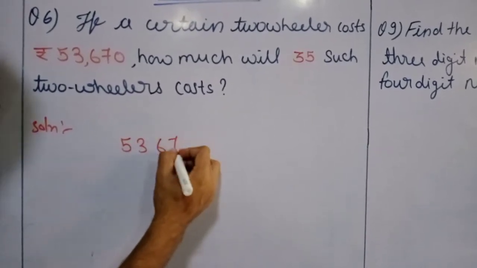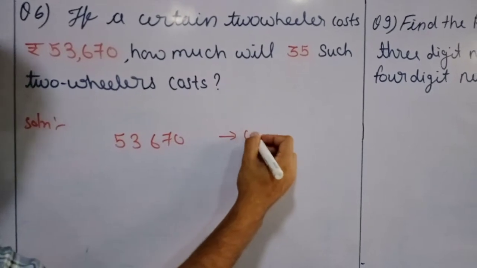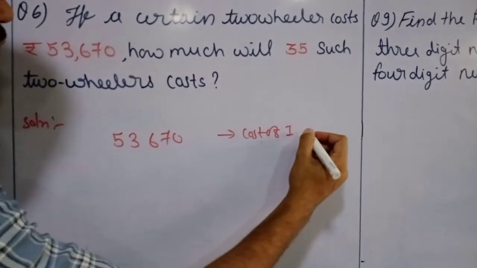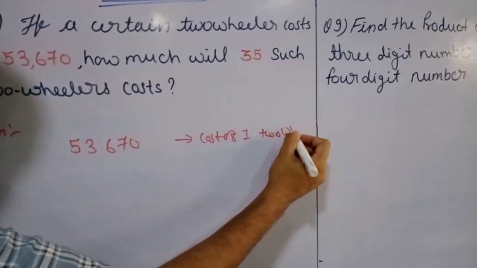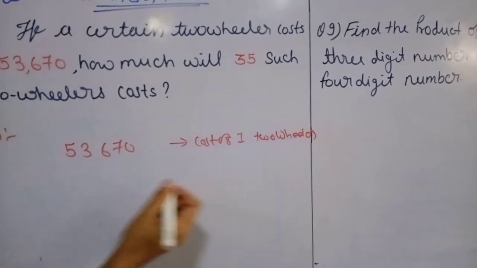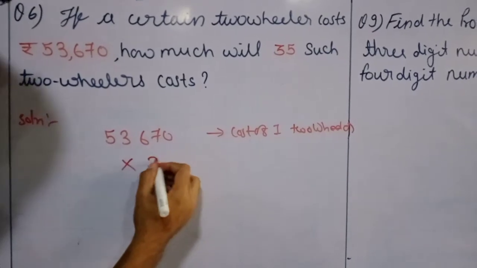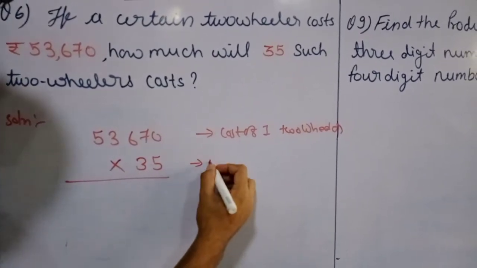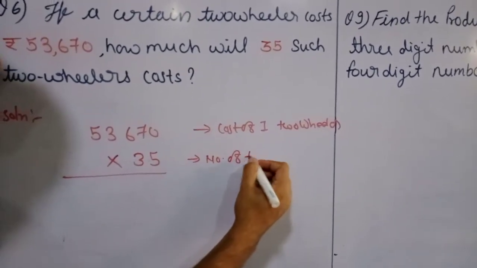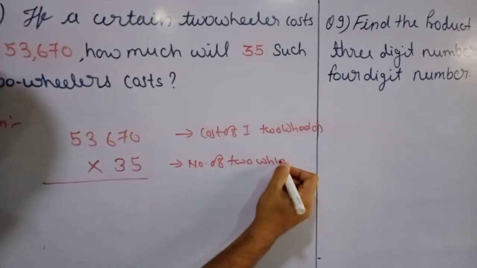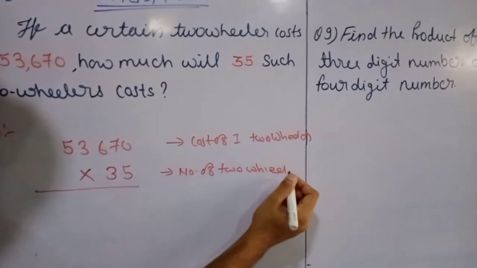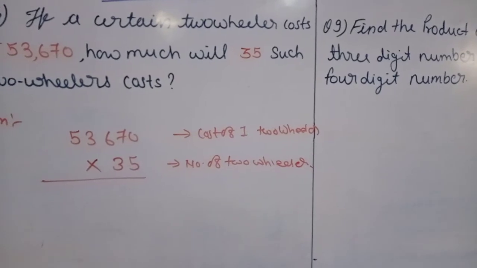So that is 53,670, the cost of one two-wheeler, multiplied by the total number of two-wheelers, that is 35. So that is the number of two-wheelers. We have to do the multiplication.